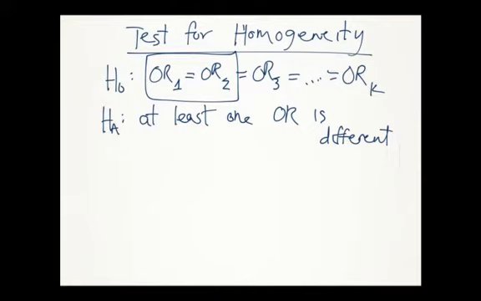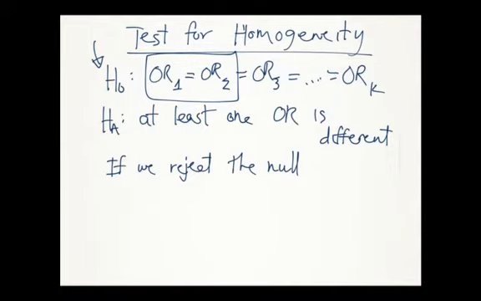So what does it mean if we reject the null? That would mean we're saying, we don't believe this null that all the odds ratios are the same.